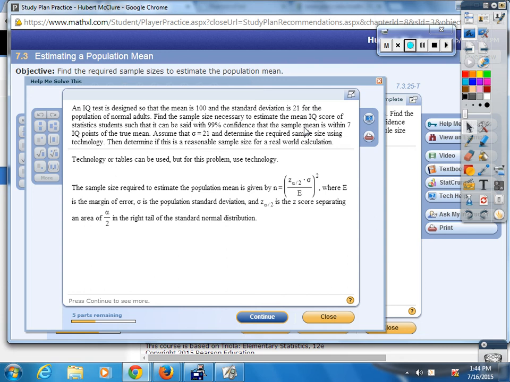That's why they give you the Z-table, because you need the Z-table for your sample space.